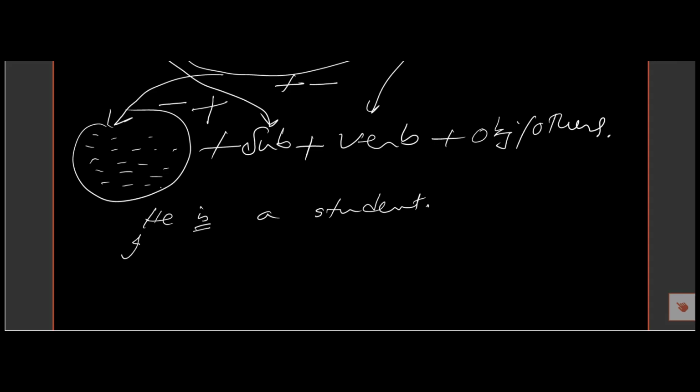It is an affirmative sentence, so there is no "not" here. The verb "is" takes "not", isn't, and then the subject, and then the others, and there will be an interrogation mark.